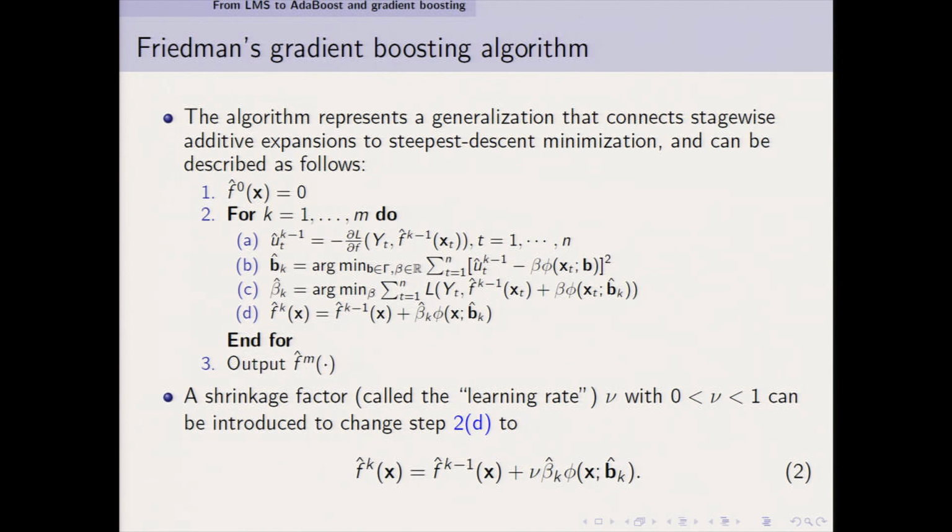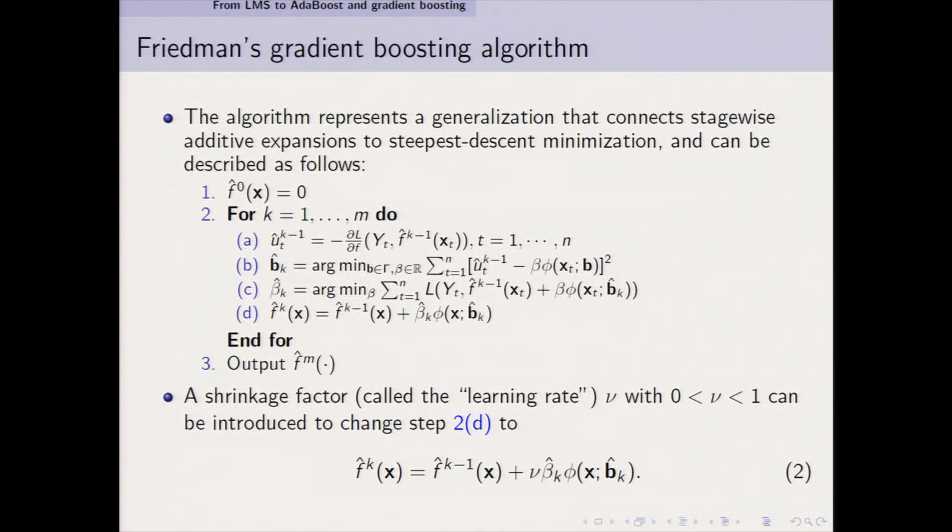What is important here is that every time it chooses these bases, you have f hat, the new function that comes in, and step B is really the thing.